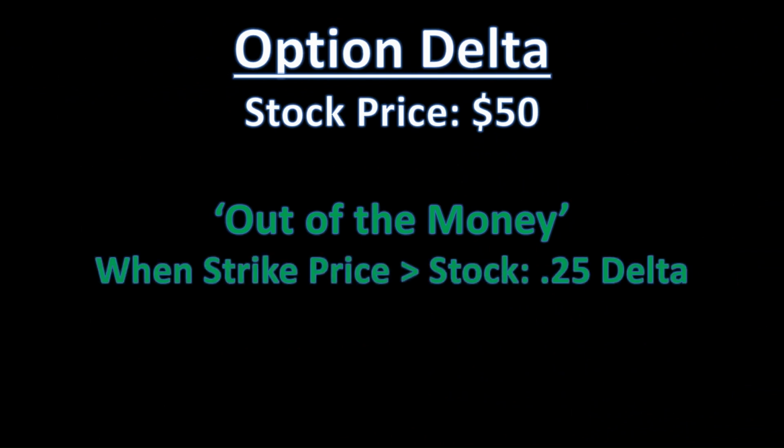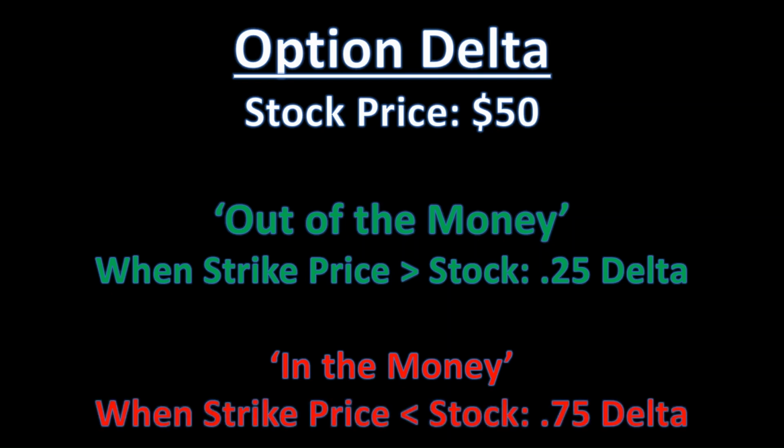An out of the money option is when the strike price at which you can execute the option contract is higher than the stock price. And when that occurs, the delta is very low, like 25. On the other side, we have option contracts that are in the money. An in the money option contract occurs when the strike price is less than the stock price. In that case, the delta is 75.